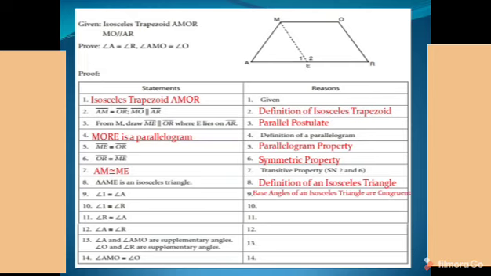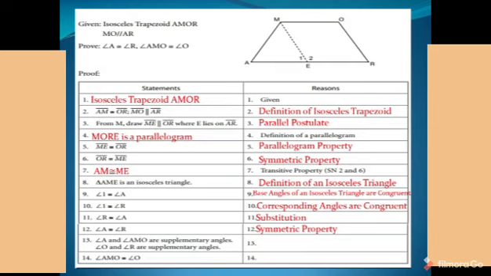That is, base angles of an isosceles triangle are congruent. And for number 10, angle 1 is congruent to angle R by corresponding angles are congruent. For number 11, you would have angle R is congruent to angle A. That is substitution. Angle A is congruent to angle R, with the reason symmetric property.